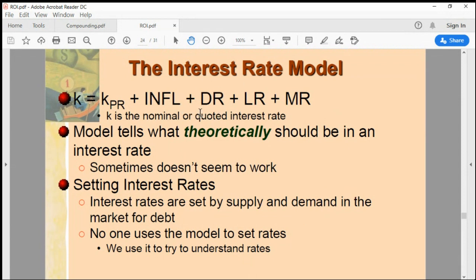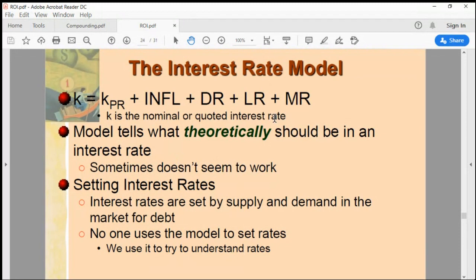Inflation risk and default risk are relatively not that difficult to tell. How much of the cost of capital is due to inflation? 2 to 4%, right? And how much of it is default risk? Depending on the credit rating or risk level of the borrower, default risk can range anywhere between 2 to 8%, right? But that's conventionally how it is.